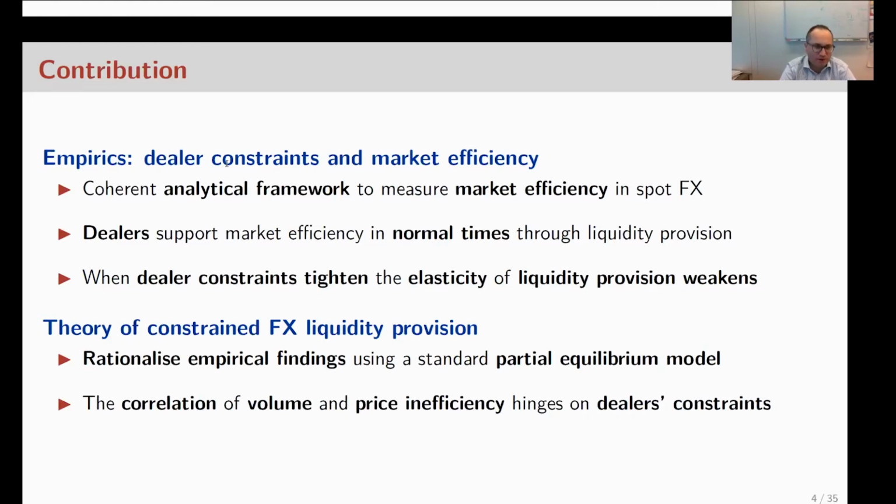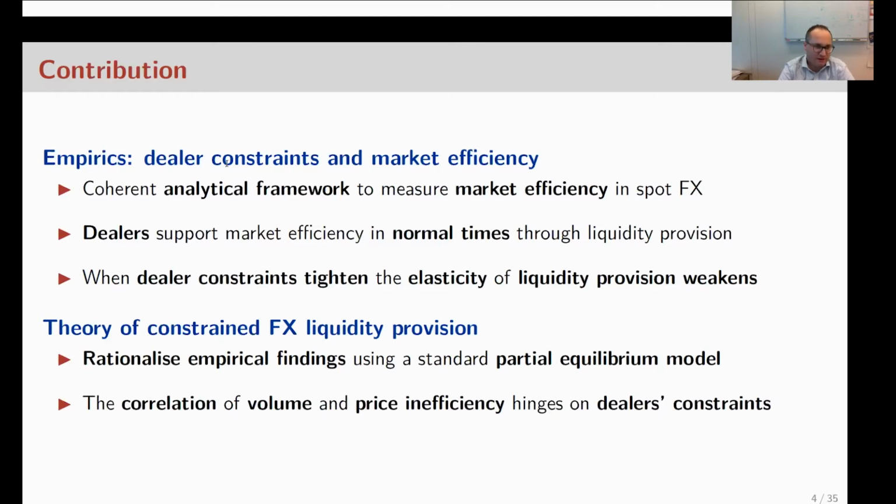So in this part, we're providing a coherent analytical framework to measure market efficiency in spot FX markets. That's the first key thing that we do. We propose a new measure on how to approach the question of measurement of market efficiency. And then we analyze dealer constraints and to what extent they have a bearing on market efficiency.